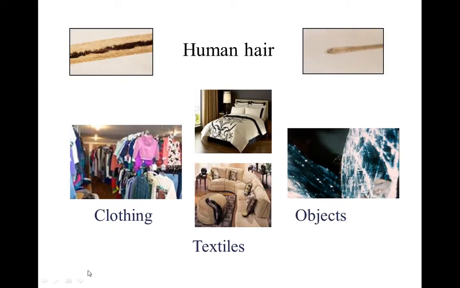Human hair may also be found naturally shed on a lot of clothing or textile items, or it may also be shed through hard contact with particular items, such as what's shown with the windshield containing the hair fragment on the right-hand side of this slide.